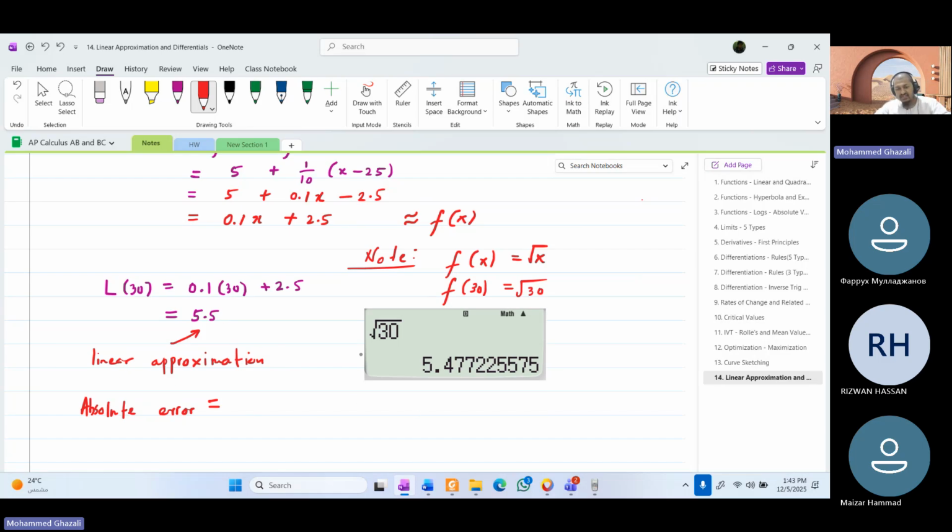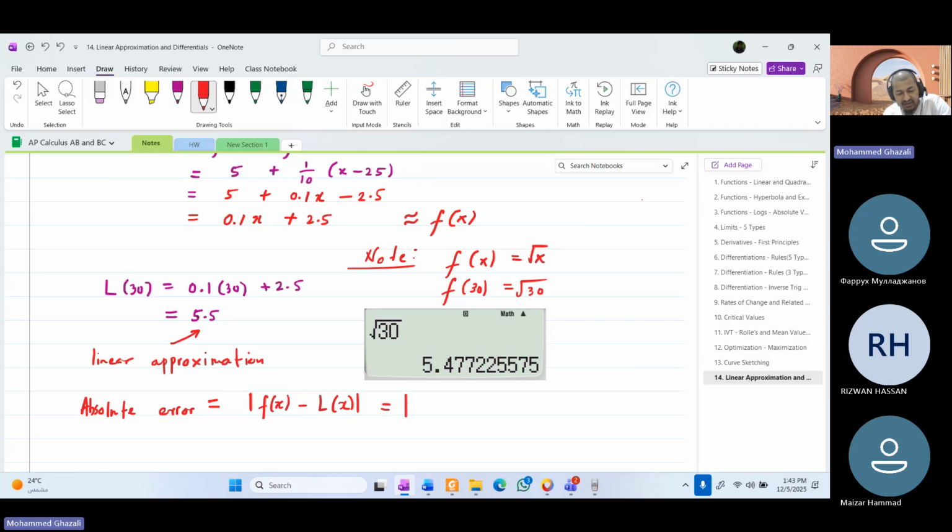So basically you can say the absolute error is f of x minus the linearization, L of x. Not f of a, f of x minus L of x, whatever that value is. Remember, the x value is at 30.